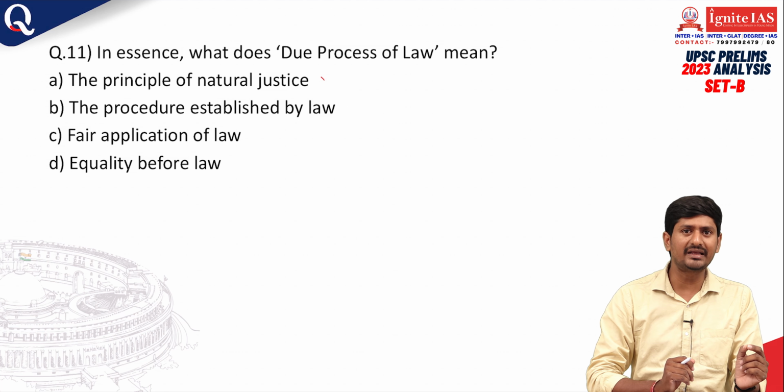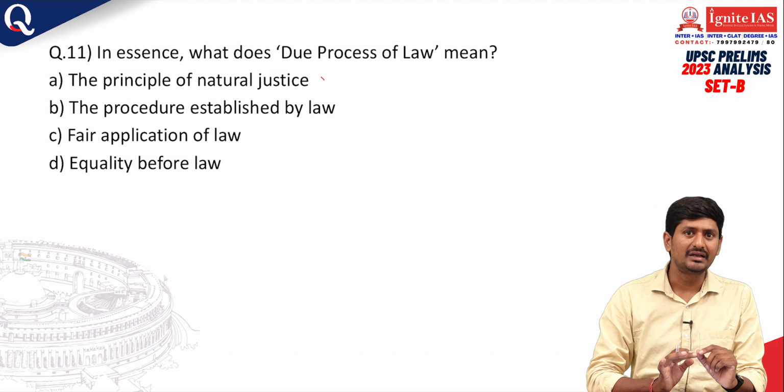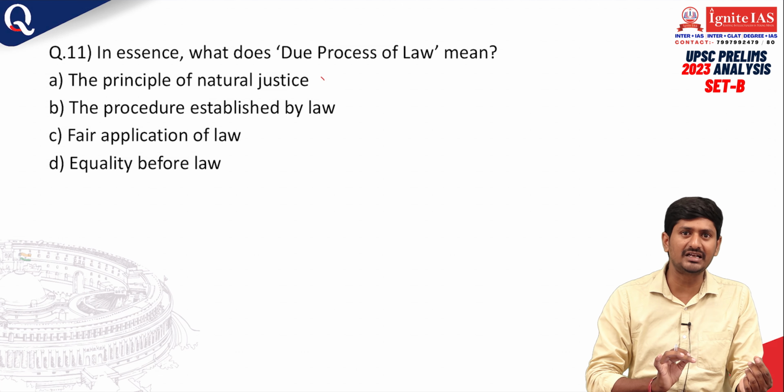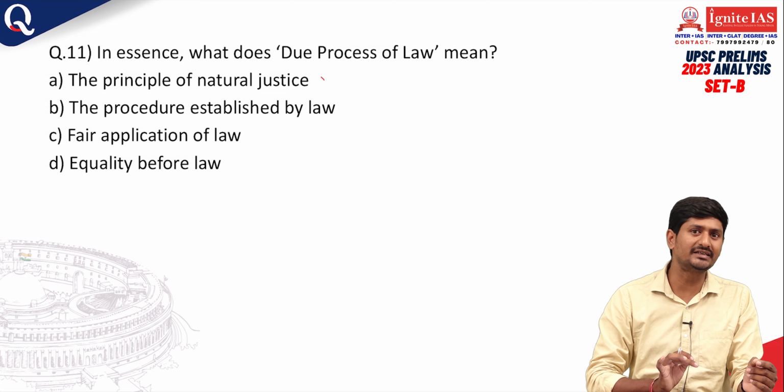Especially in the Maneka Gandhi case, the judiciary raised the questions of principles of natural justice. Because if arbitrary executive action takes its source of power from arbitrary legislation, the judiciary will question the very legislation which authorizes the executive to do certain arbitrary things.